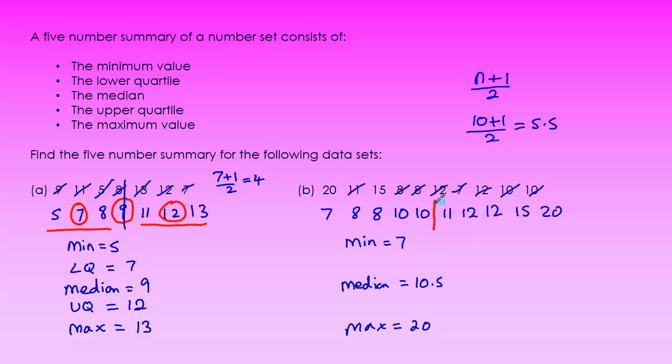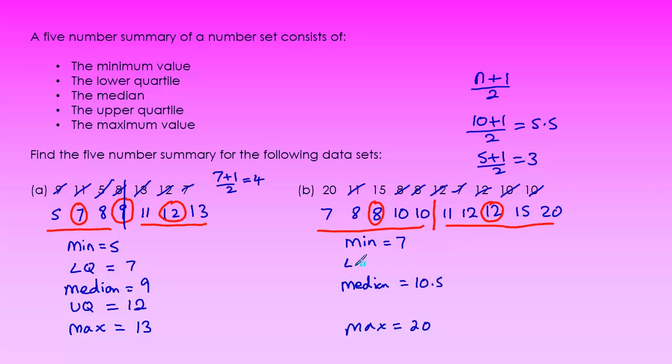Now note that the median splits into 2 sublists. Both of the sublists contain 5 pieces of data, and the quartiles are the medians of those sublists. 5 add 1 divided by 2 is 3, so we want the 3rd piece of data in this list, and note how it is in the middle of this sublist here, and then the 3rd in this one, and note it's the middle of this sublist here.